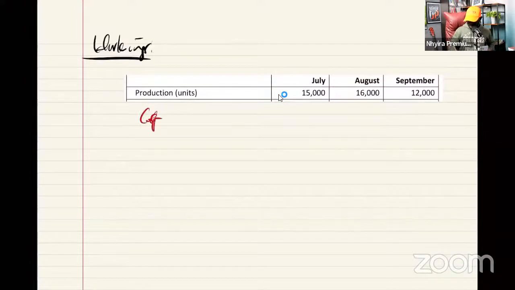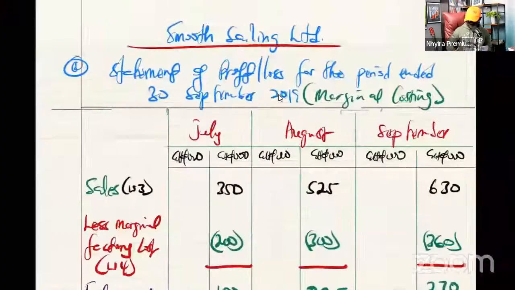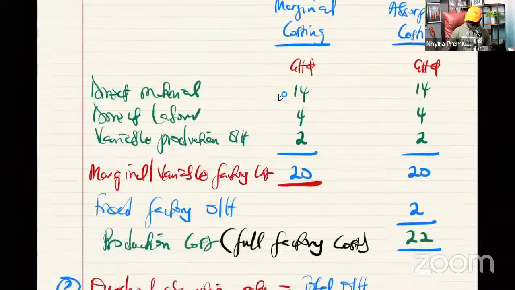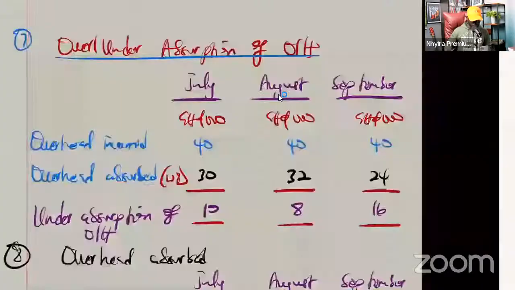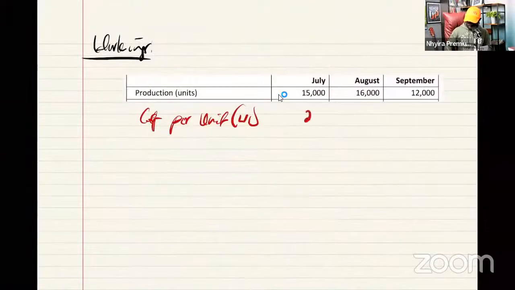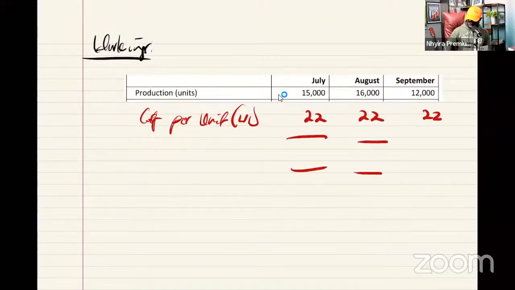So cost per unit. That was from workings 1. We did the factory cost per unit from workings 1, if you remember. That was 22. Okay. So you bring that up. 22, 22, 22.